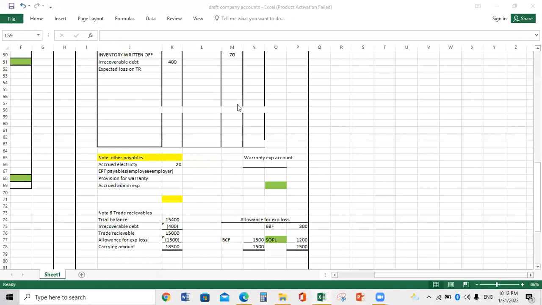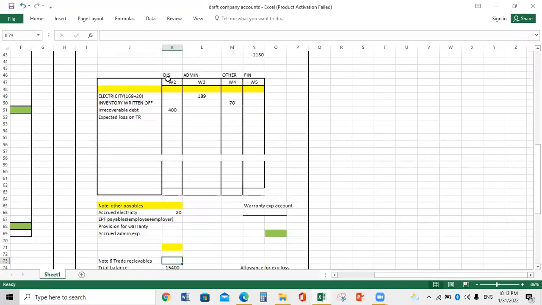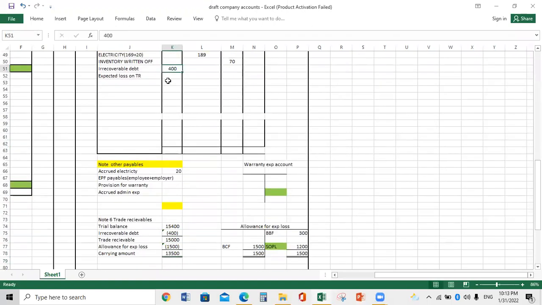Statement of profit or loss debit means, guys, it's an expense. So go and record. If it's a reduction in expense, you show it as minus. If it's an expense, you show it as plus. That is how much? 1,200. Okay. Then guys, record.